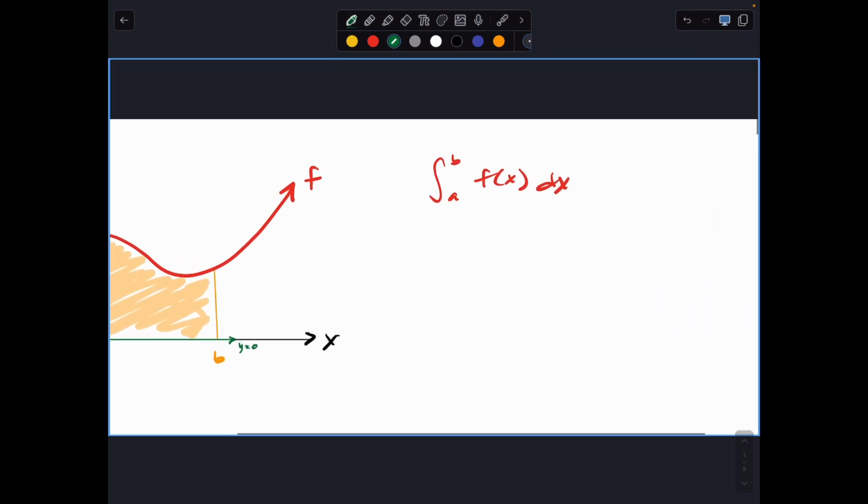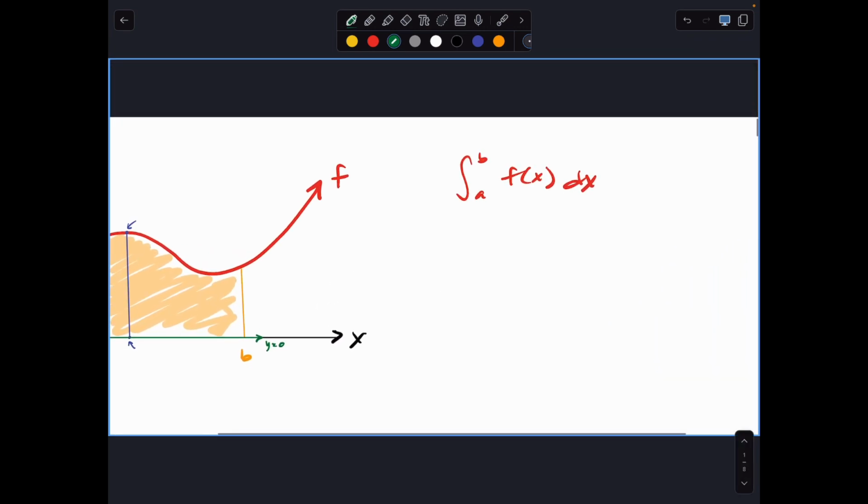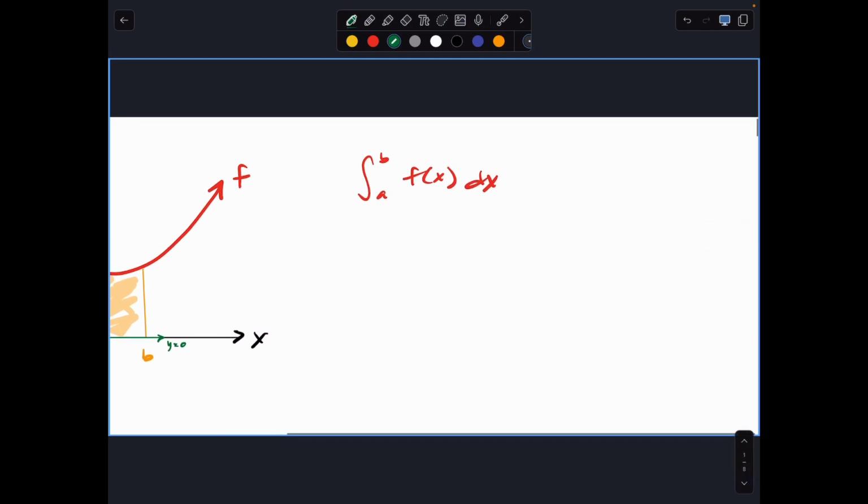So another perspective of calculating the area bounded by a positive function and the x-axis would be thinking of this as the integral from A to B of f of x minus 0.